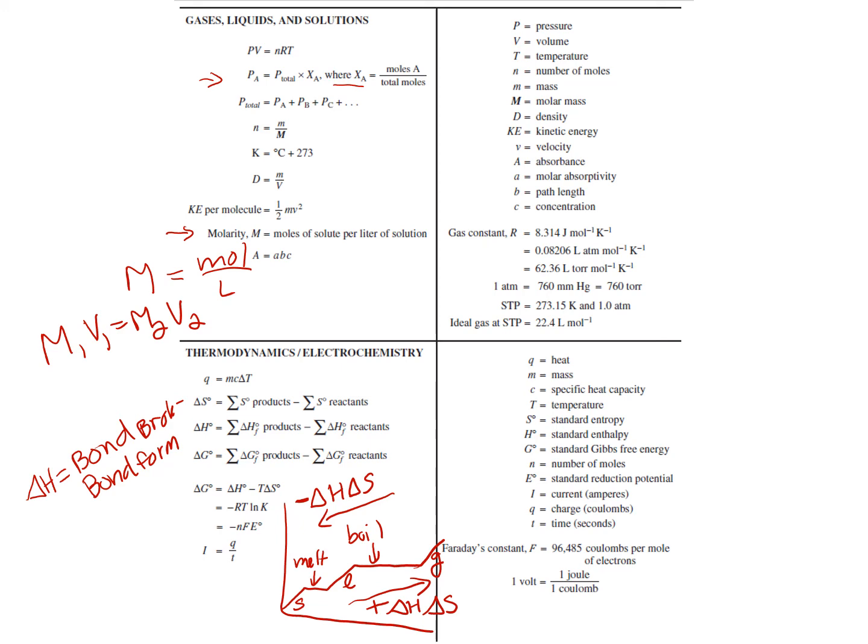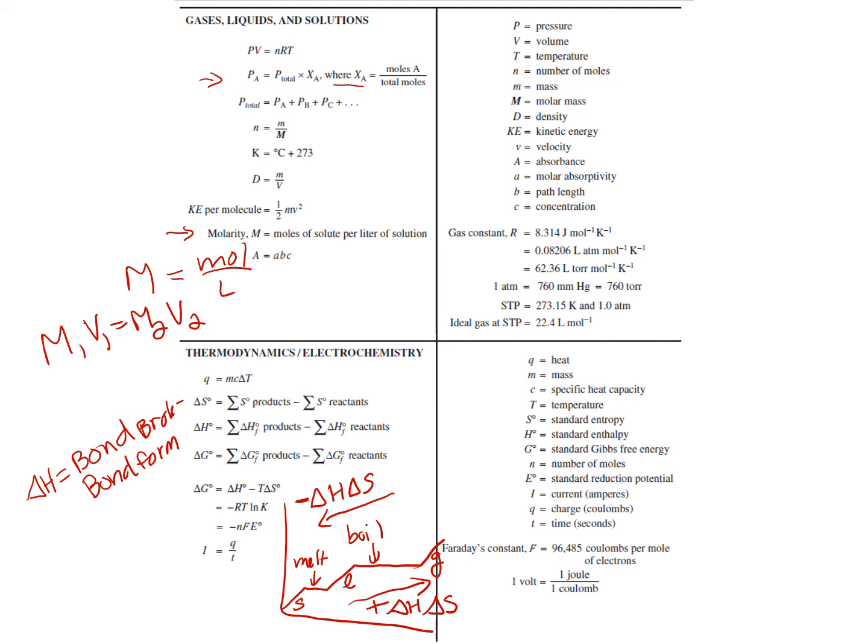Otherwise, I think this is pretty useful. You might throw somewhere on your equation sheet or wherever you've got room on your periodic table, where's our acid-base stuff? I think that's on our front page.